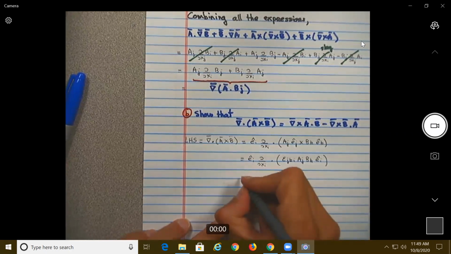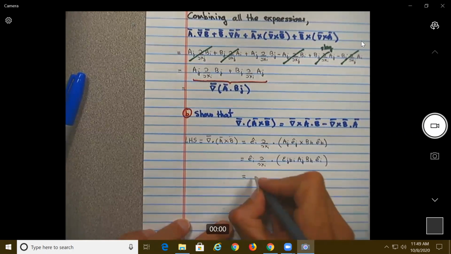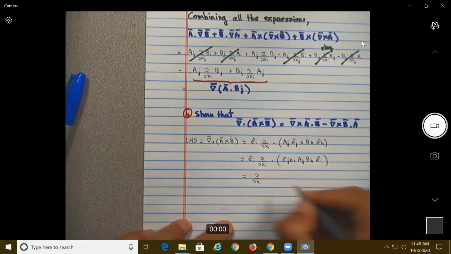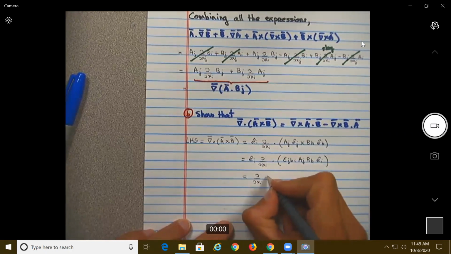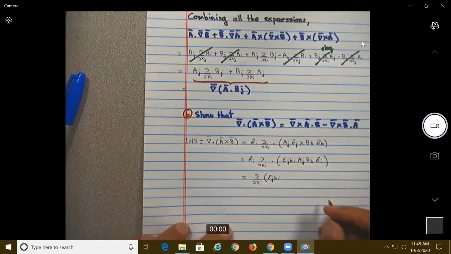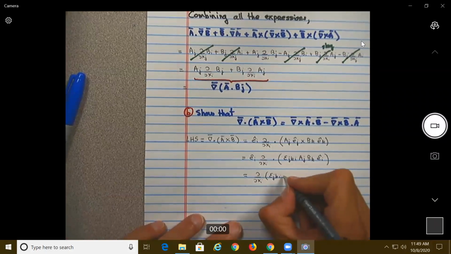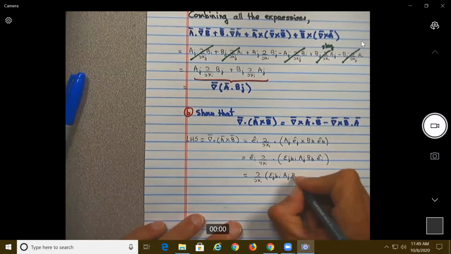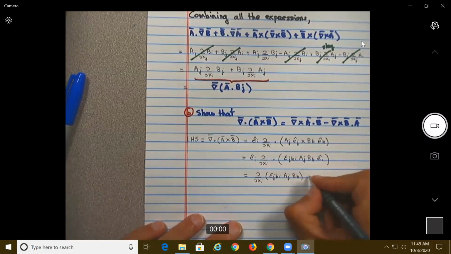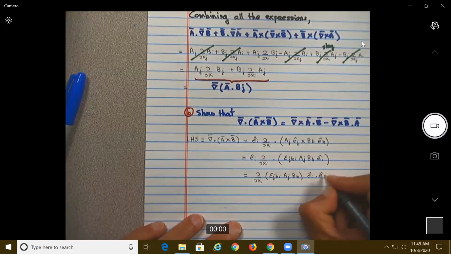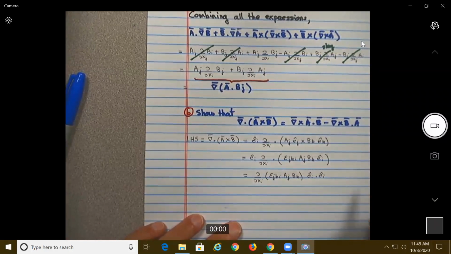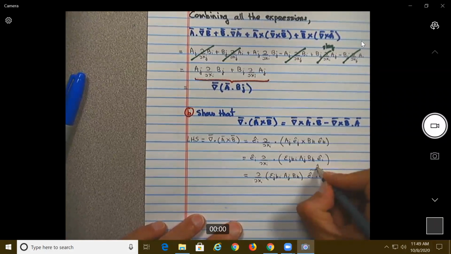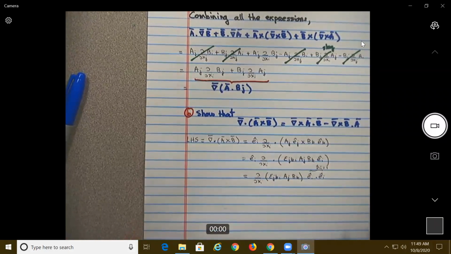Okay, so if you want here, you're gonna get what? This is gonna be equal to partial xi, if I do in detail, of epsilon, let me put the parentheses, I think it would be more clear, I should put ijk, okay, it doesn't matter, we do the next step, aj bk. And the good thing about here is that we have e sub i dot e sub i, that would just be 1, no? So it would be equal to delta i, which would just be 1 over here. Otherwise, we're going to have to change the indexes. I mean, say this one would be equal to the other one.